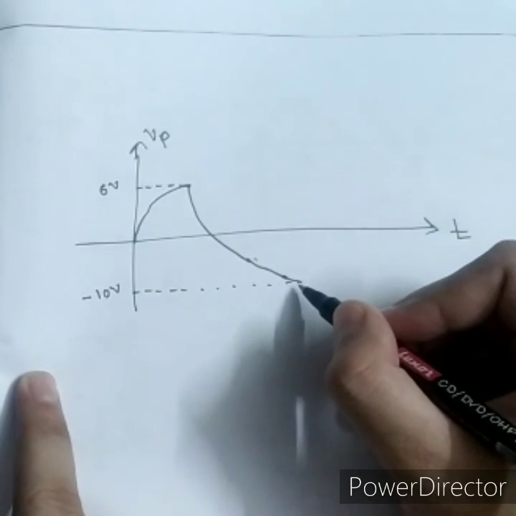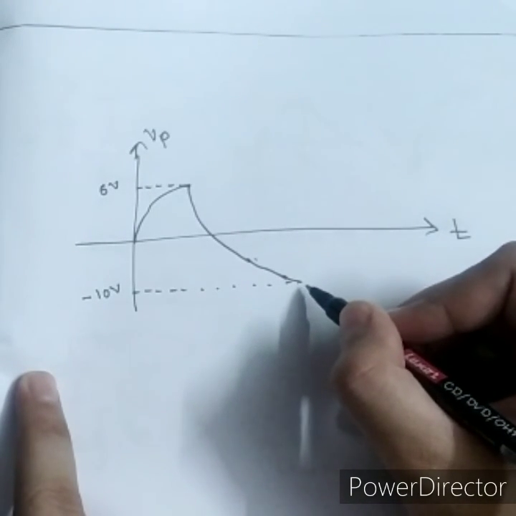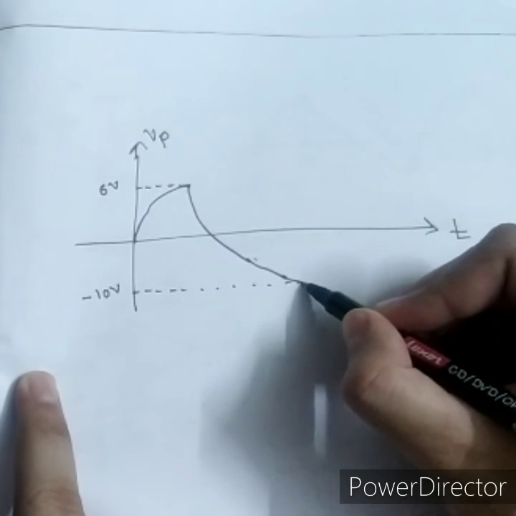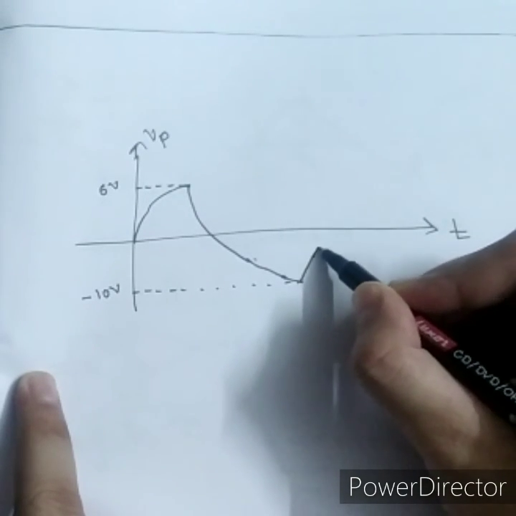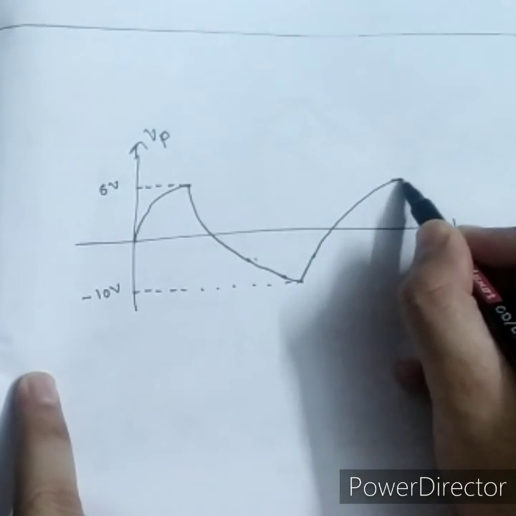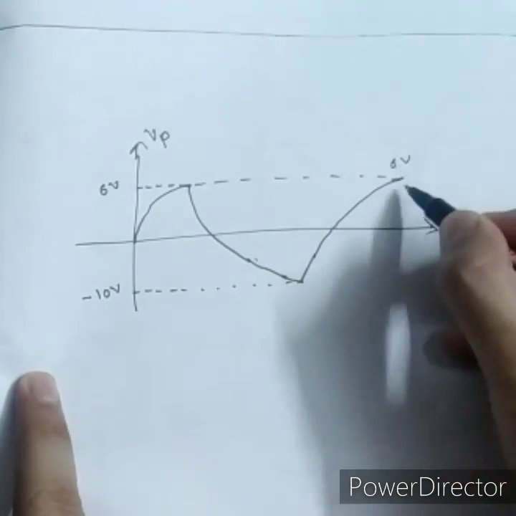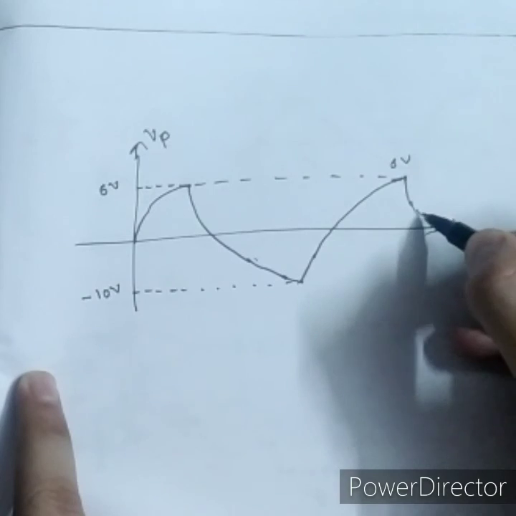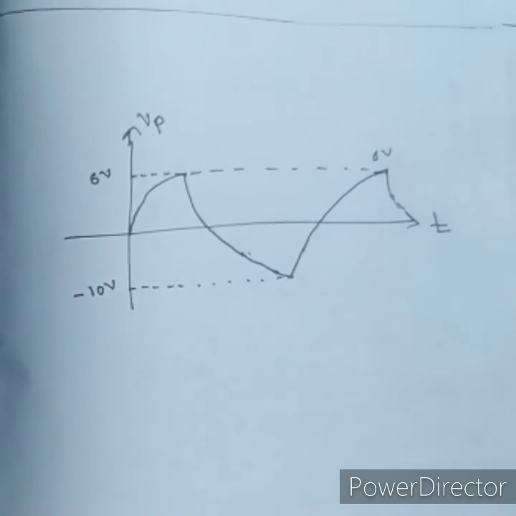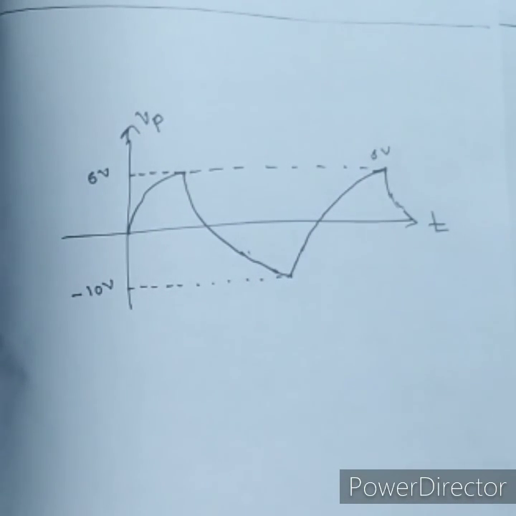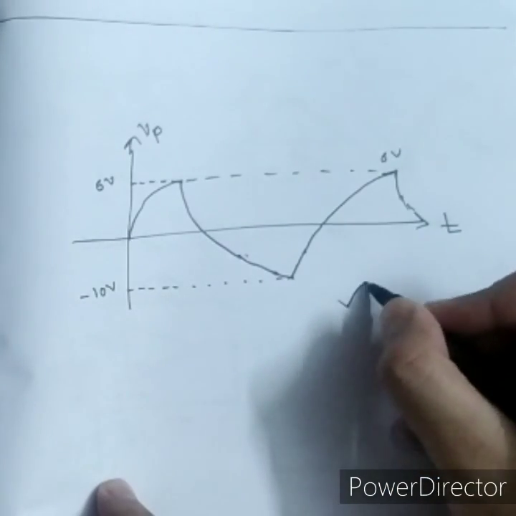Again as soon as it goes below minus 10 volt, VO again switches, then it gets charged to 6 volt, and again it discharges. So this is the waveform at point P. So this is the correct answer.